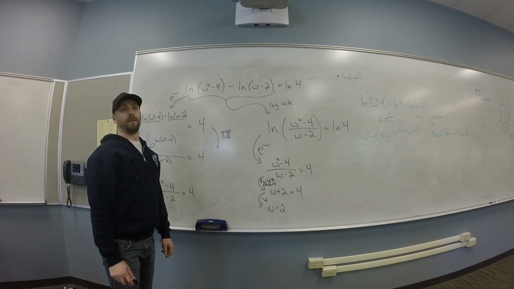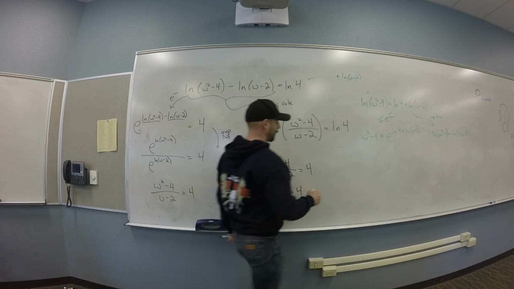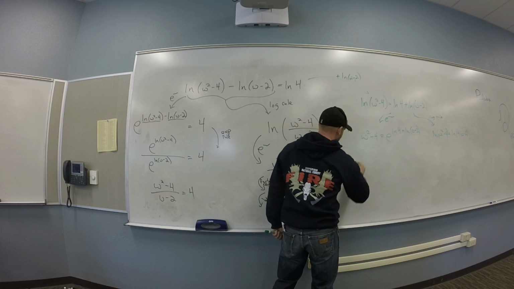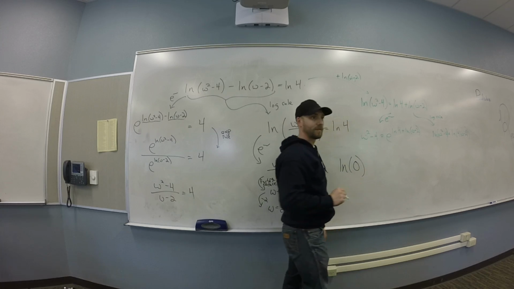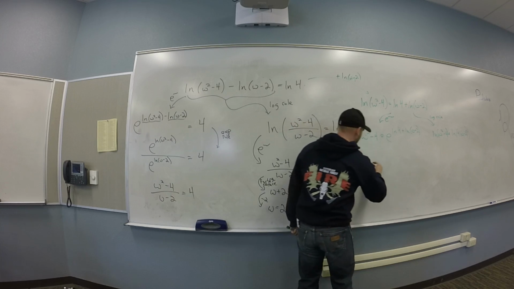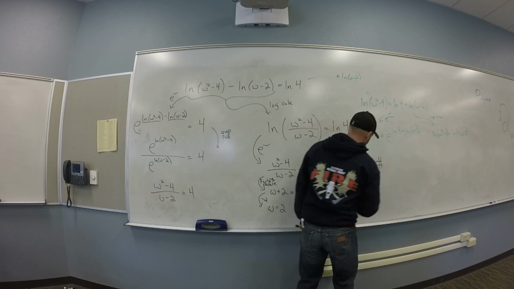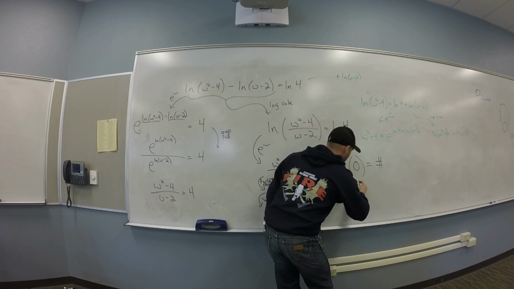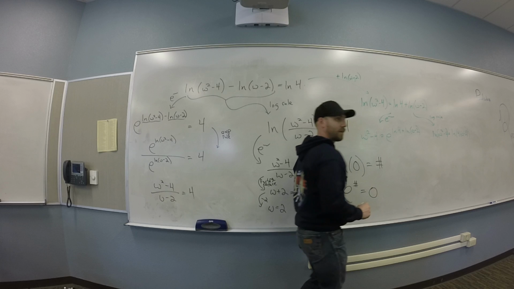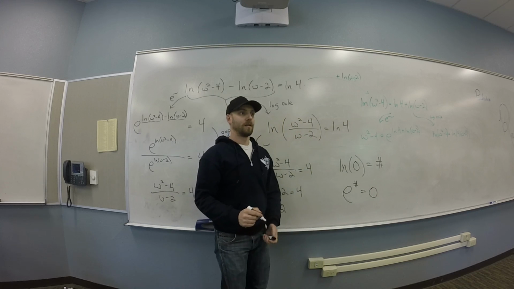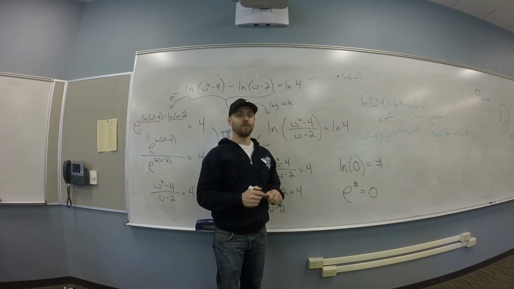Okay, so I'm asking about the natural log of 0, right? If this was a number, e to that number would equal 0. It's not 0. How many e's do you multiply together to get nothing? You don't multiply. You don't.